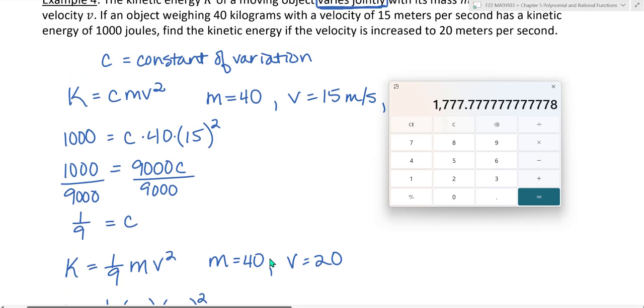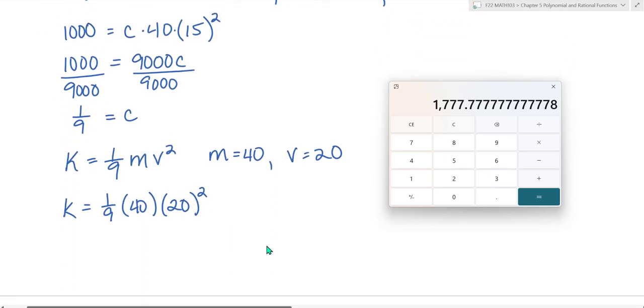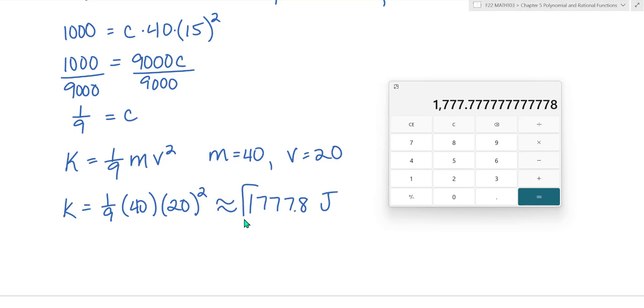Did I tell us what to round to? No, of course not. So let's round to the tenths place. So this is approximately 1,777.8 joules, which hopefully seems reasonable because we increased the speed, and so that should increase the energy of this object. All right, so that's it.